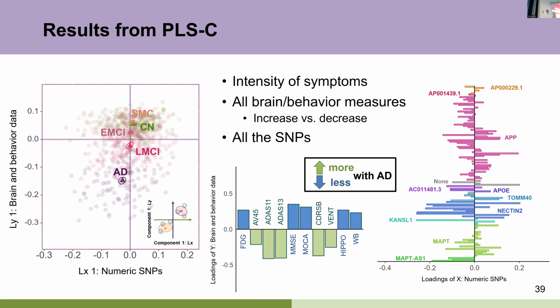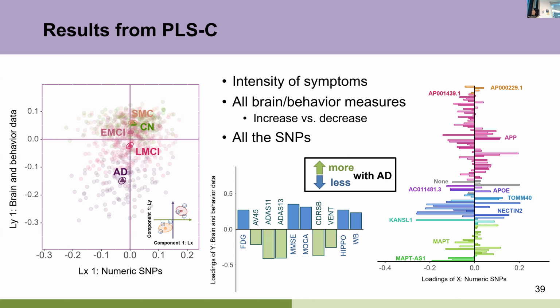The interesting thing is that you do see things go on different sides in the SNPs that are related to the severity. So for some SNPs, the more of one of the alleles they have, the more severe you're going to get, and the fewer alleles you have, the less severe you're going to get.